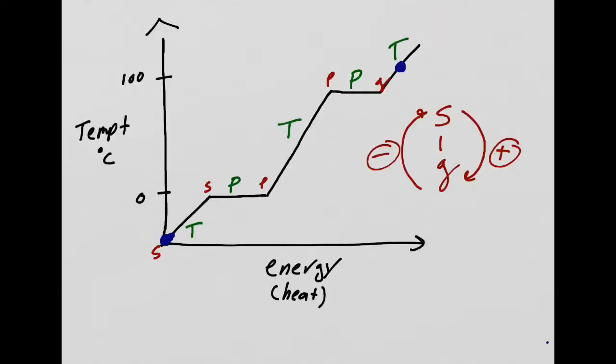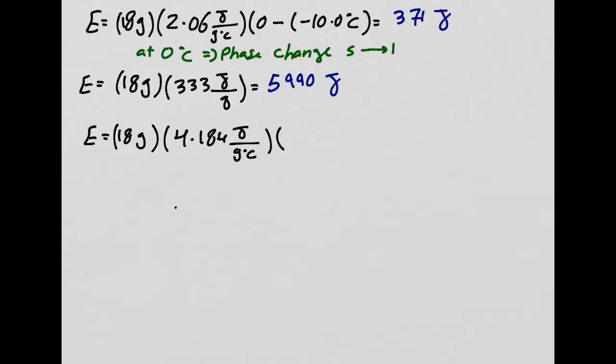Let's go back here. I'm right here, trying to go to 100. So my T final is 100. What is my T initial? 0 degrees. What I get for this T change is 7,530 joules.